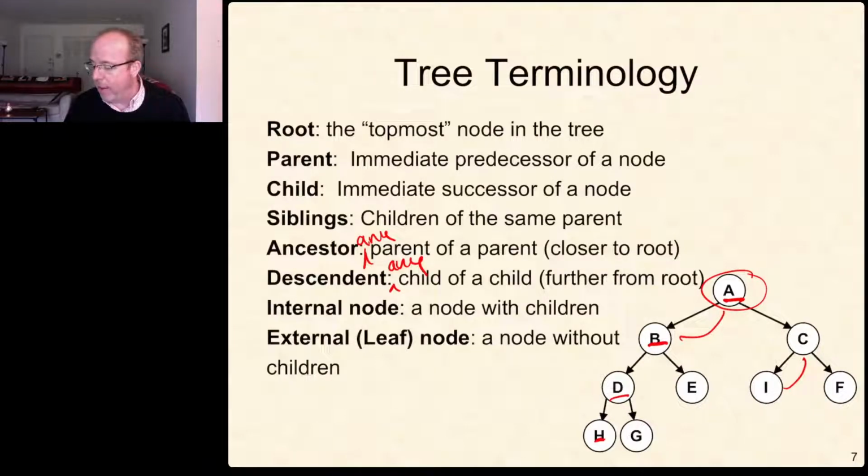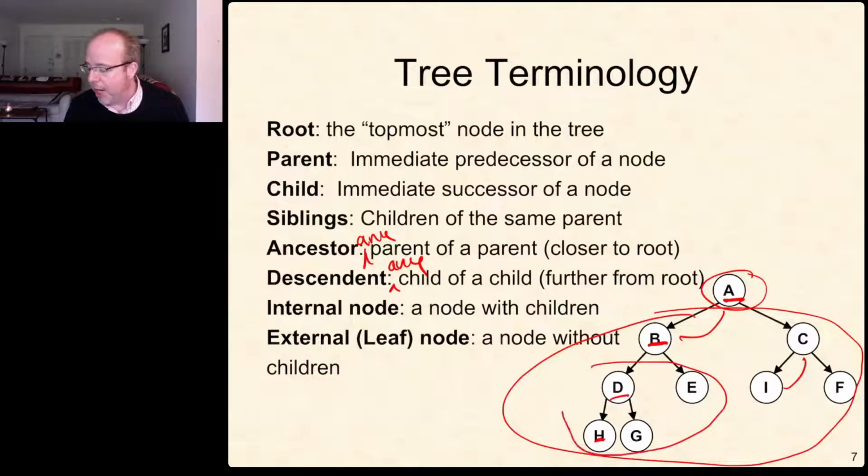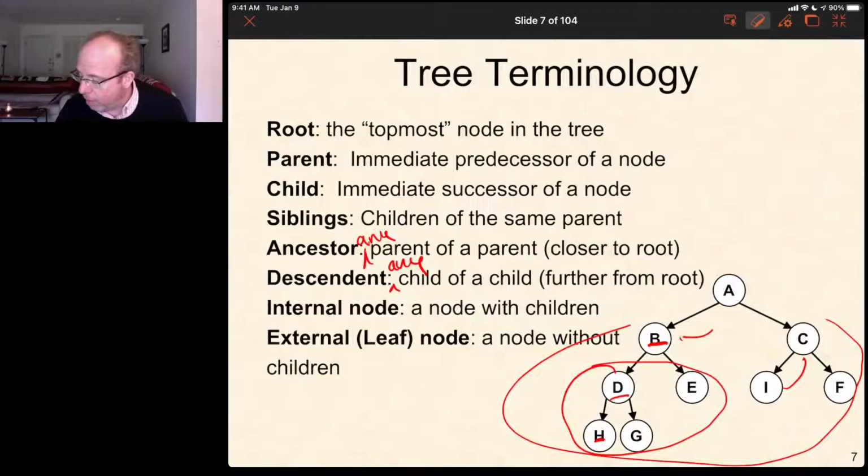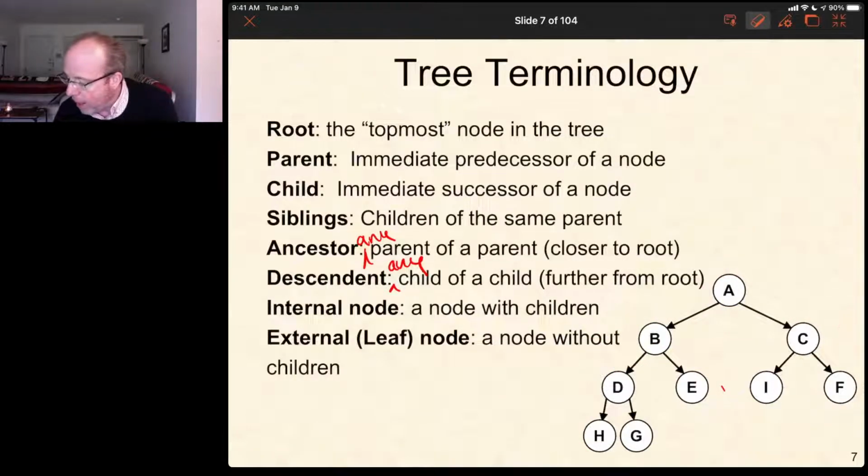So A's descendants are the entire rest of the tree. So all of these nodes are A's descendants. And then D, E, H, and G are B's descendants. Let me just erase this a little bit so that we have our context back.